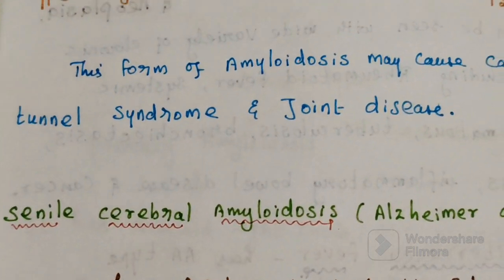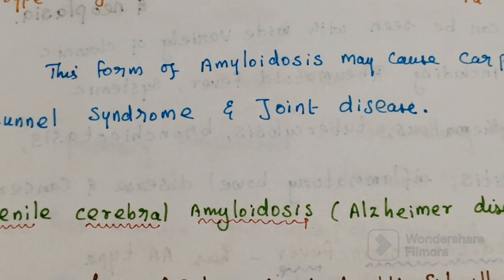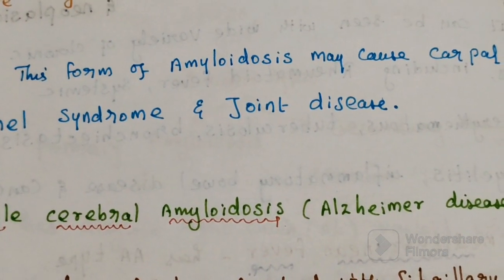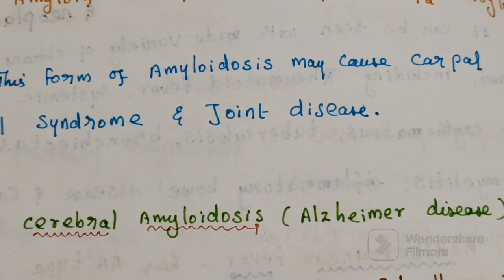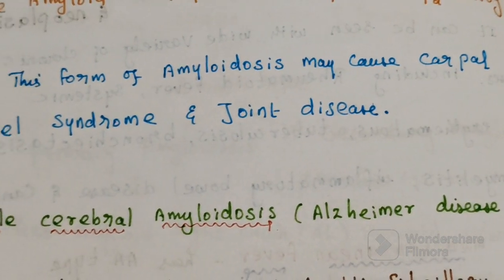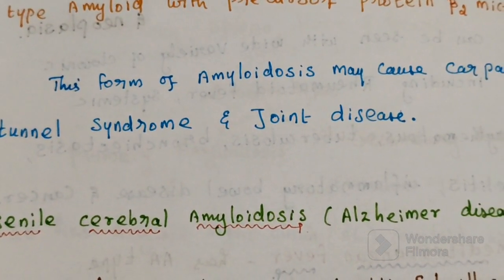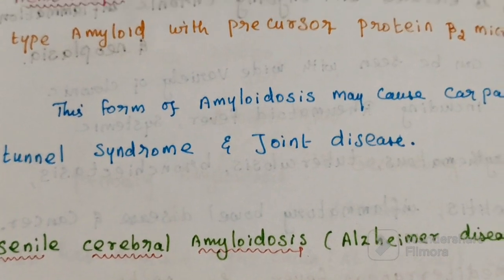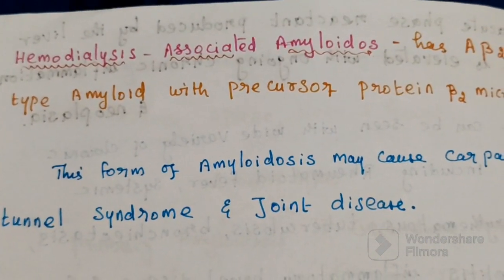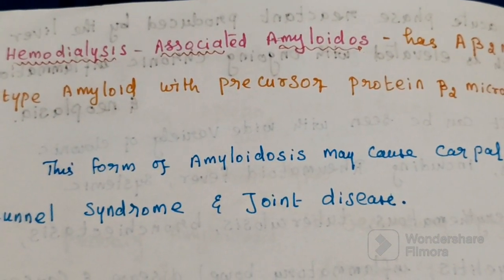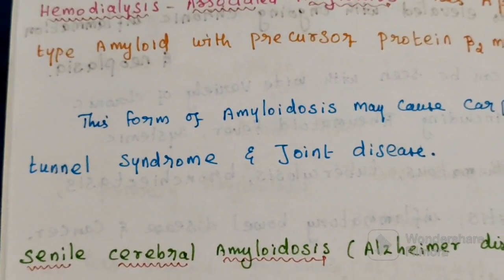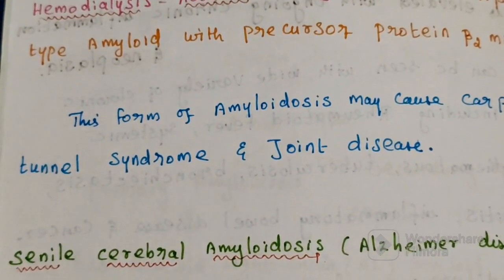This form of amyloidosis may cause carpal tunnel syndrome and joint disease.